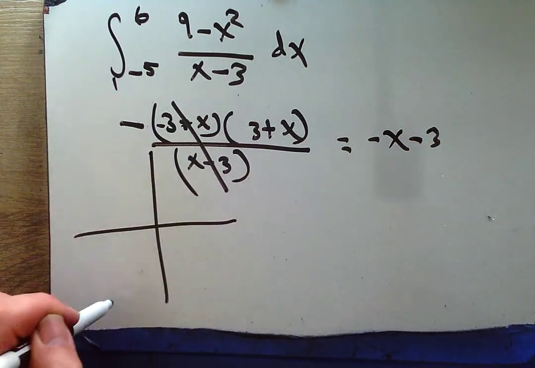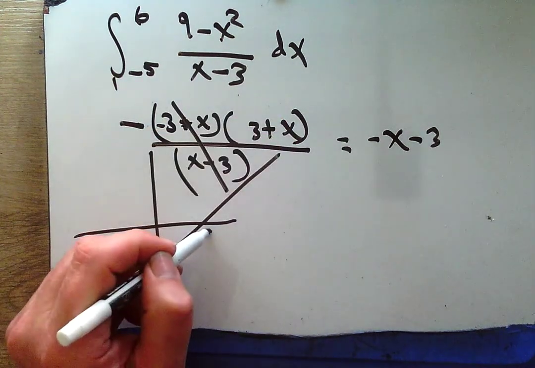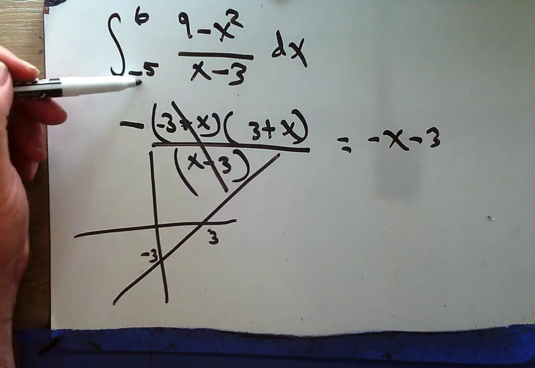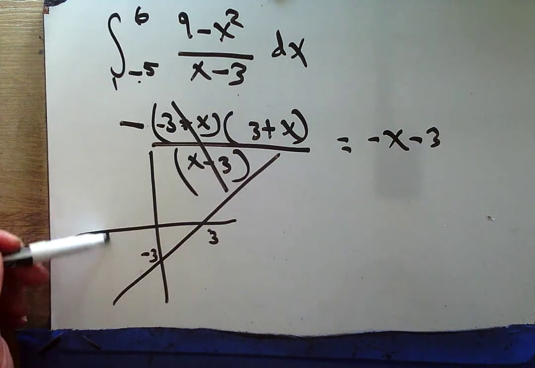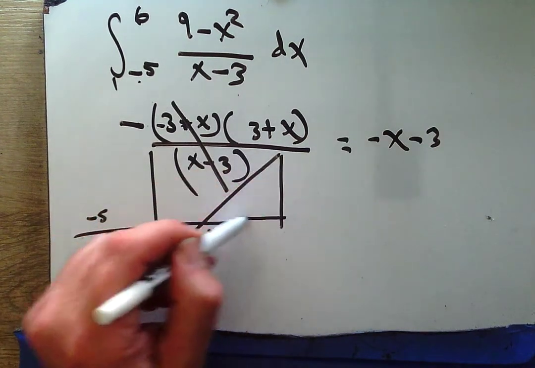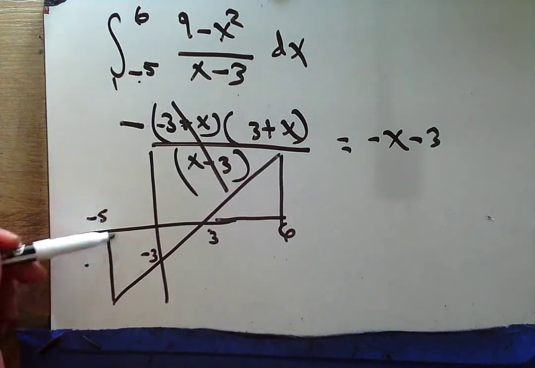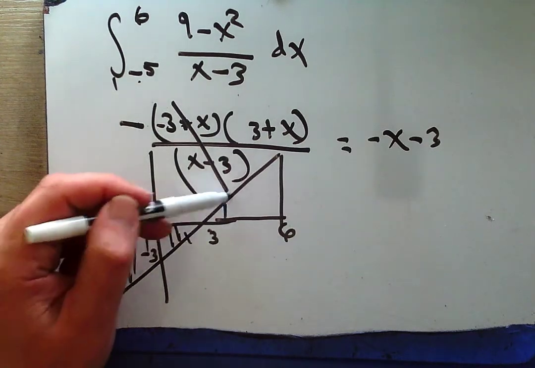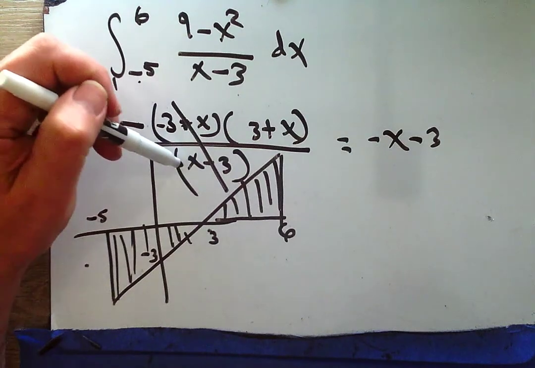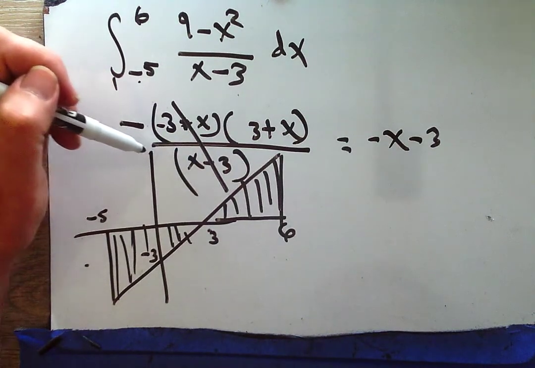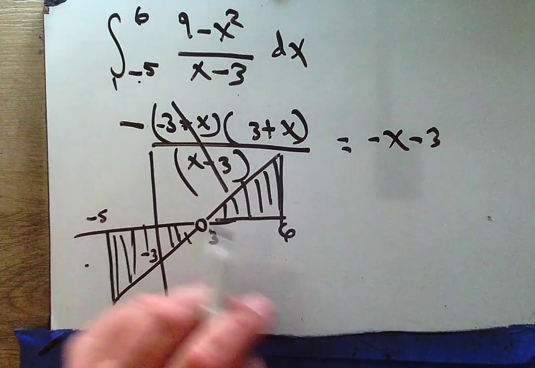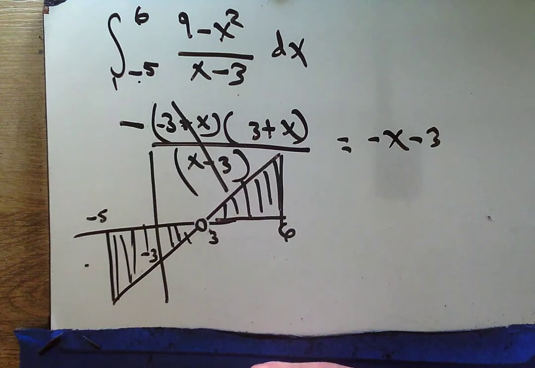So I make my graph. Negative x minus 3, and we're integrating from -5 to +6. So that's -5, and that's +6. Okay, but wait a second. There's a hole at 3. I have something wrong here.